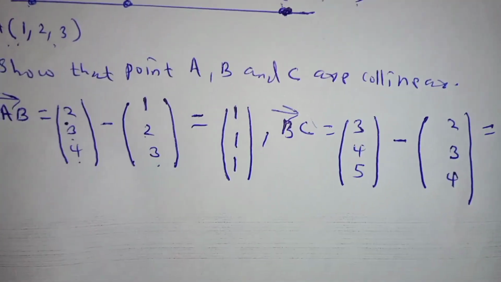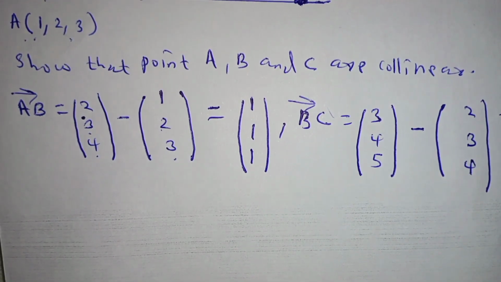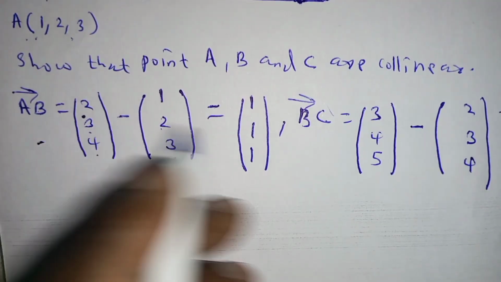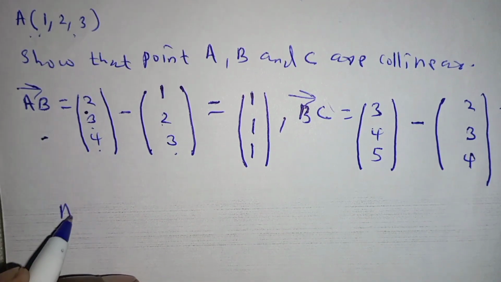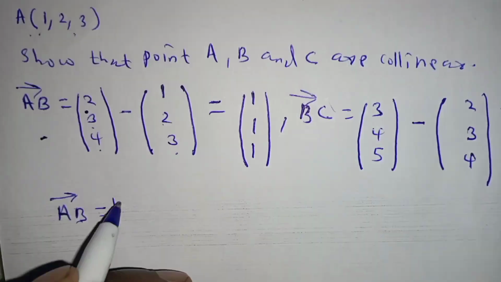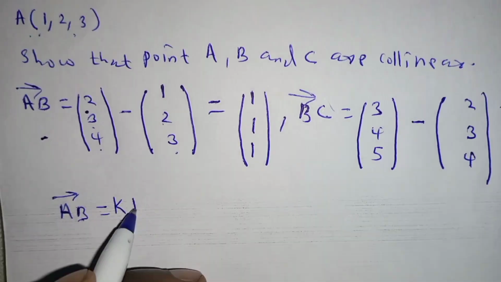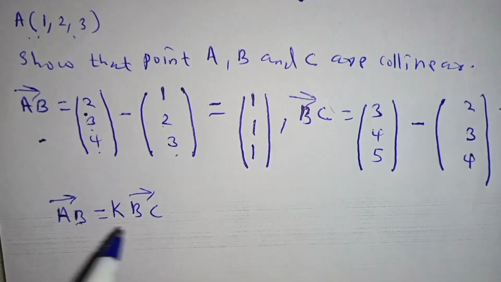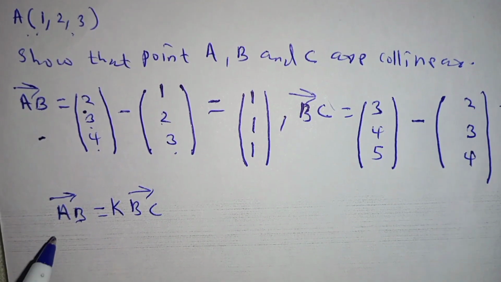That way, once you obtain AB and BC, you express one in terms of a scalar multiple of the other. That way, you substitute.